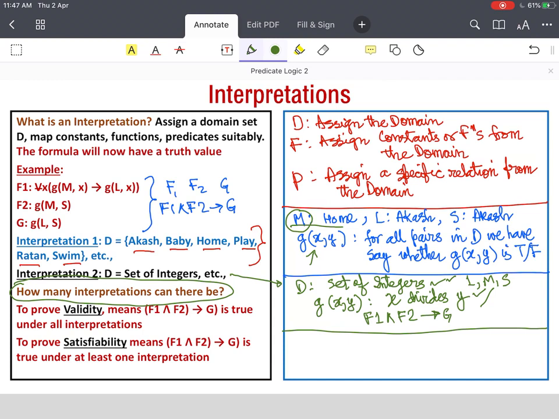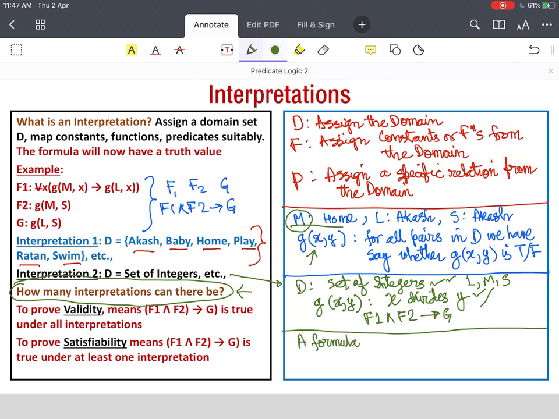Whatever you define, it is the power set of that size. That is the number of domains that you get. Given a domain which is infinite, you can see how many function symbol mappings, how many predicate mappings you can get. So it is an interesting question for you to determine how many interpretations there can be for finite domains and for infinite domains.